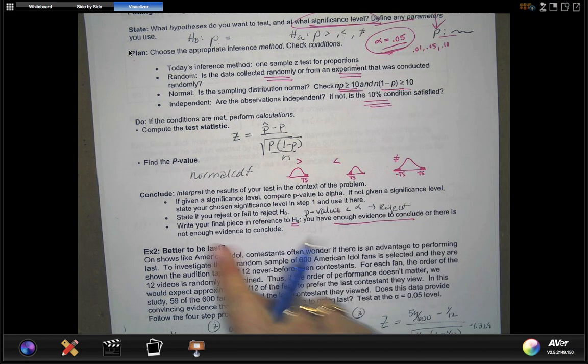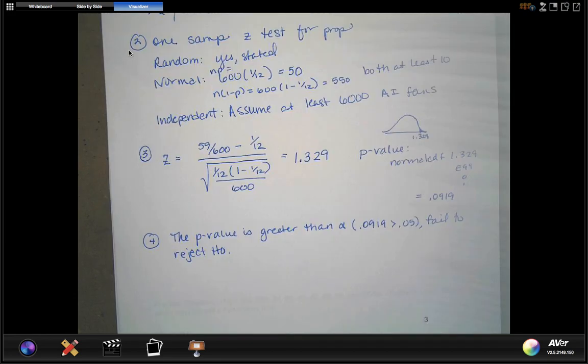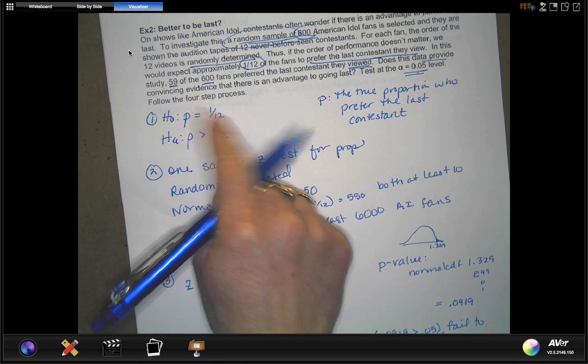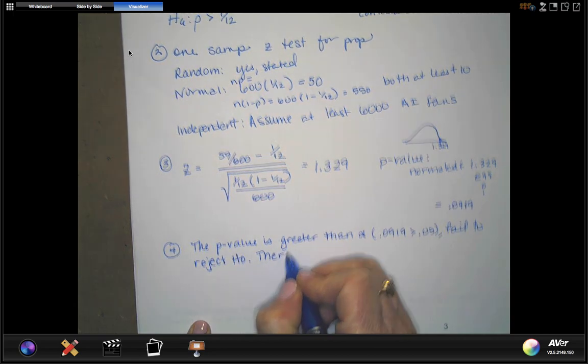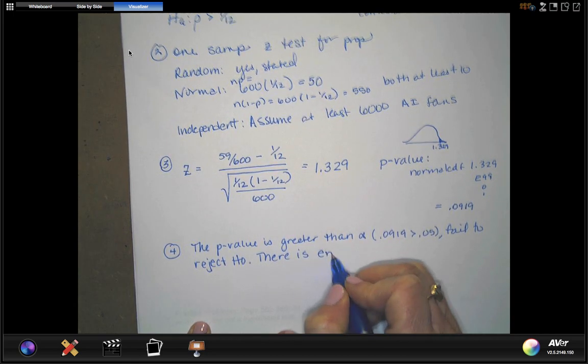And then like I said here, I fail to reject, so then I'm going to say I either can conclude or I can't conclude. In this case, if I'm failing to reject, I can't conclude that. And this is where I want the context.